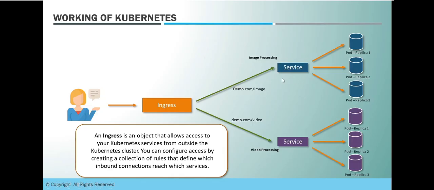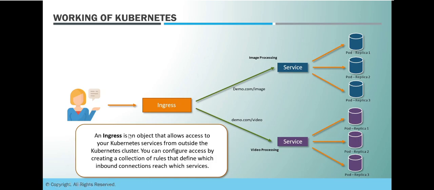Using a service, you can access your cluster inside or outside. But having a service deployed for every deployment that can be accessible outside needs a load balancer, and that involves cost. Ingress provides a cost-effective way of accessing your application pods outside the cluster.